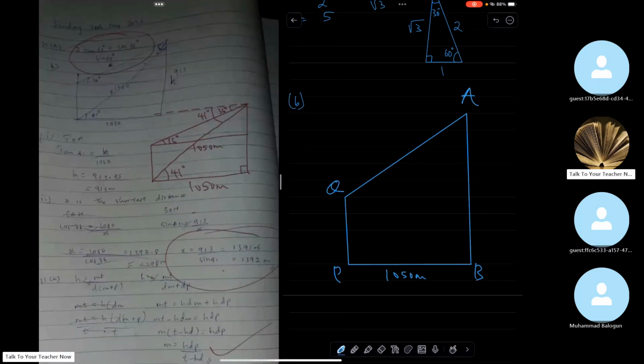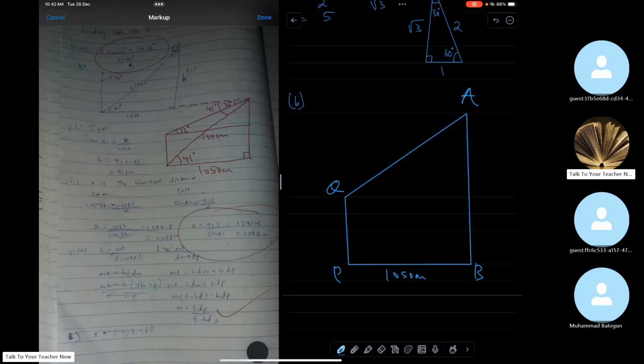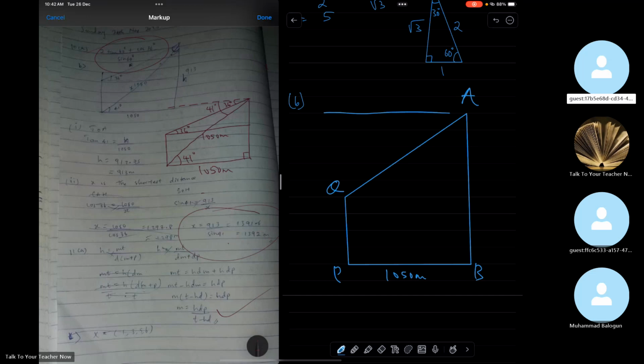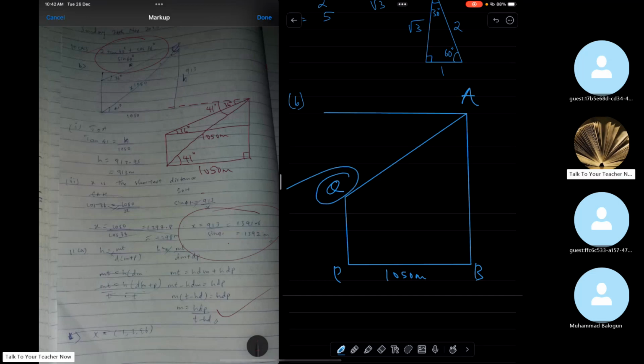You marked it here. It shouldn't be here. Please don't make that mistake. It should be the inclination to the horizontal. Can you see the horizontal? So the angle of depression of the top of the control tower is in relation to the horizontal.